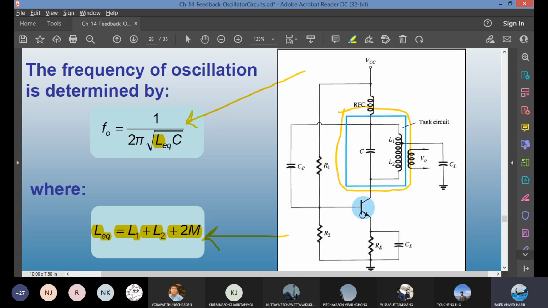You have a BJT, R1, R2, you have RE. Instead of RC, you have a tank. If we think of this as a class C power amplifier, and we make the output the same frequency as this oscillator frequency, you will have the full 360 degrees.